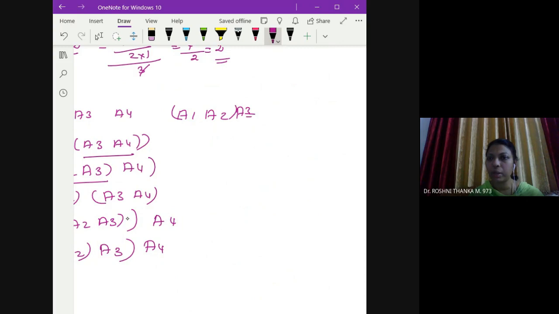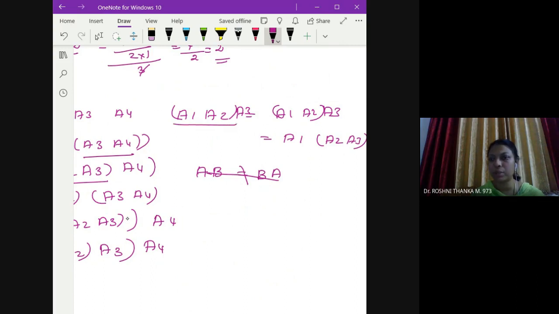So I'll multiply a1 and a2, then I can multiply with a3. This is associative. Also I can do a1 and a2, a3 multiplied like this. But matrix multiplication is not commutative, which means what? For example, you have two matrices, AB is not equal to BA. So we cannot do this kind of matrix multiplication. So we have to maintain this order.